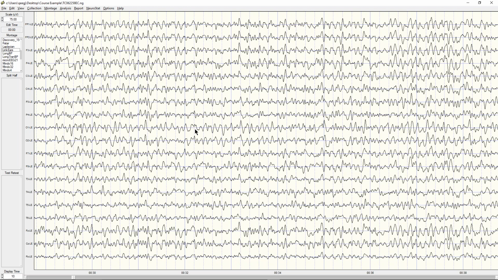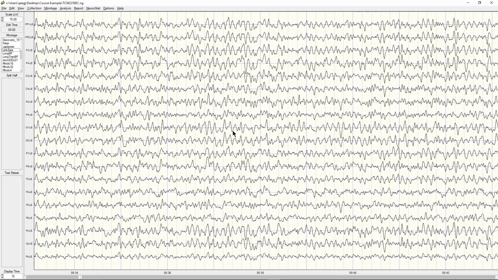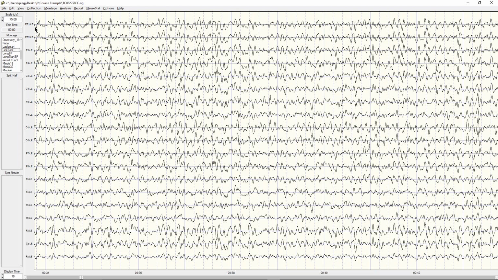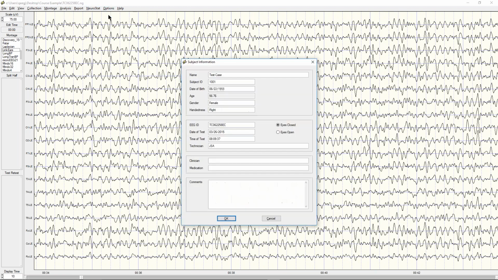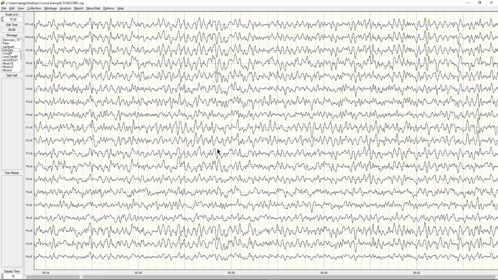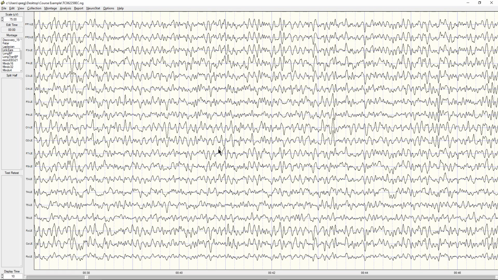I can count the frequency, how many times the waves occur in a 1 second period of time. So for example, I can count 1, 2, 3, 4, 5, 6, 7, 8, maybe 8.5 hertz, which is a pretty slow alpha frequency for an adult. Let's see how old this person is. 56 years old, almost 57. So that's a pretty slow peak alpha frequency for an adult.